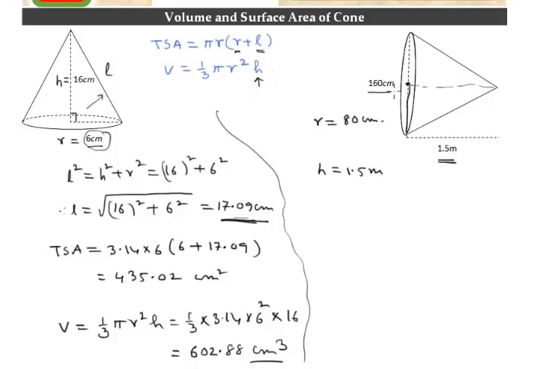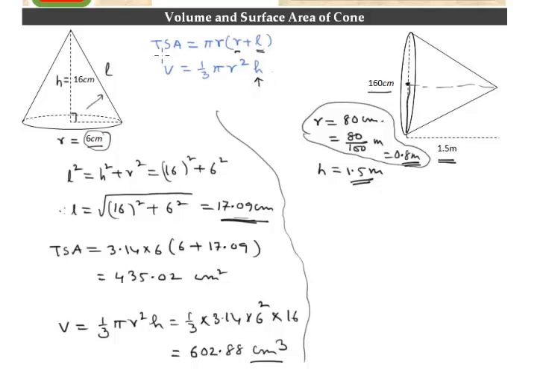One is given in meter, one in centimeter. Either we convert meter into centimeter or centimeter into meter. Let us convert centimeter into meter. So 80 divided by 100 gives a radius of 0.8 meter, and the height of the cone is 1.5 meter.